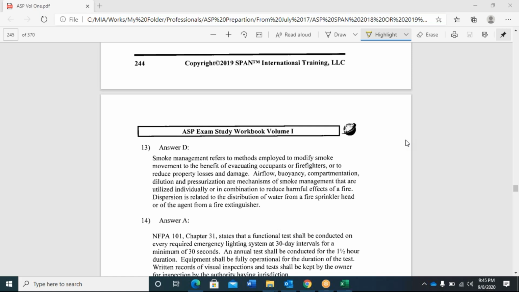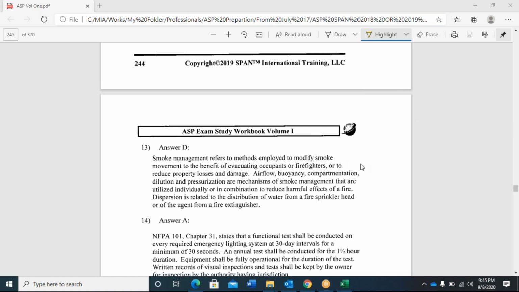Suppose we have one corridor and one door in it. It will always be open for the movement of the public, but if there is any smoke, it will close automatically, so the smoke will not go to the other compartment. That is called compartmentation. I'm just a little bit confused about the buoyancy.